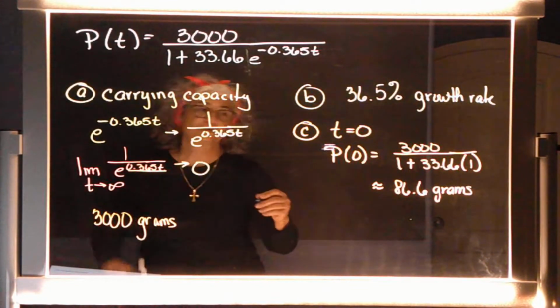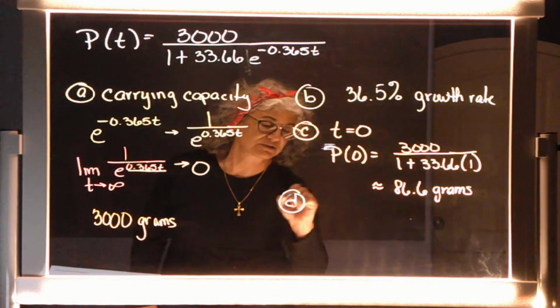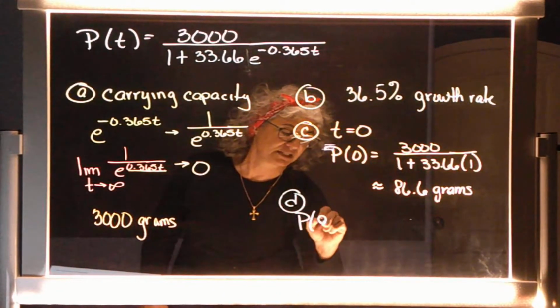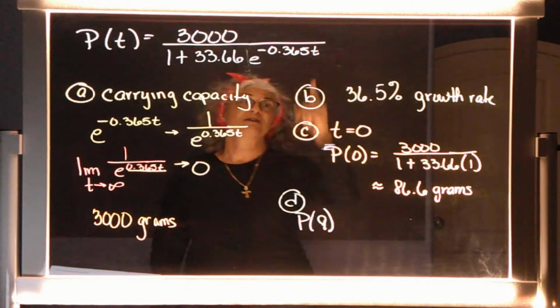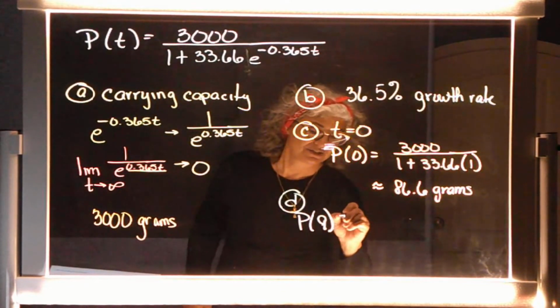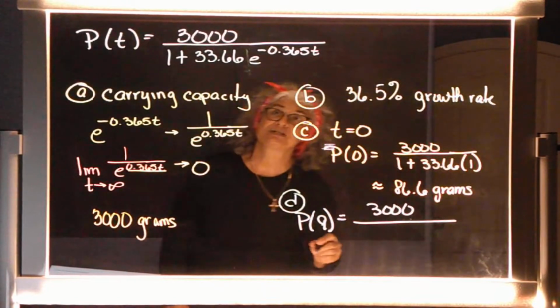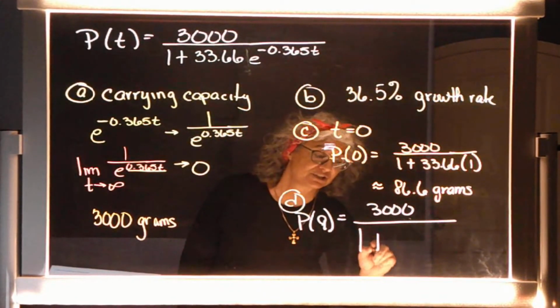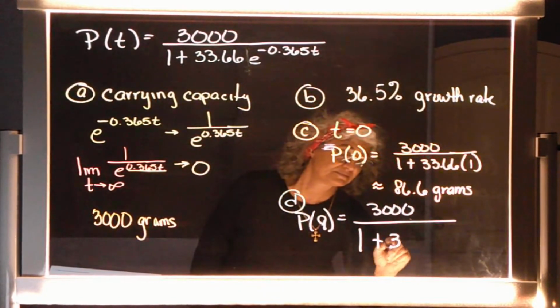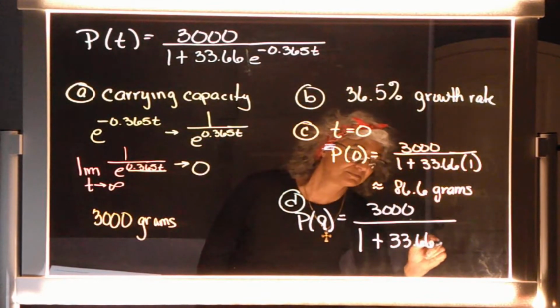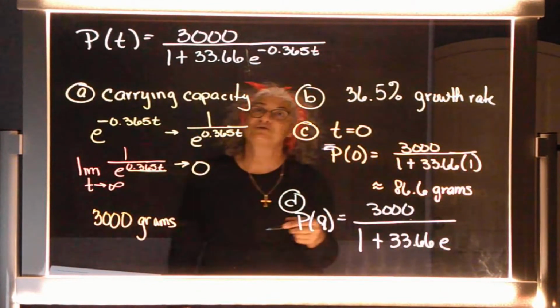Part D wants to know the population after 9 hours. So we get to plug in that 9 for t, don't we? It's always a good idea to write the formula out so you can see what it is you're plugging into, or what the formula looks like.